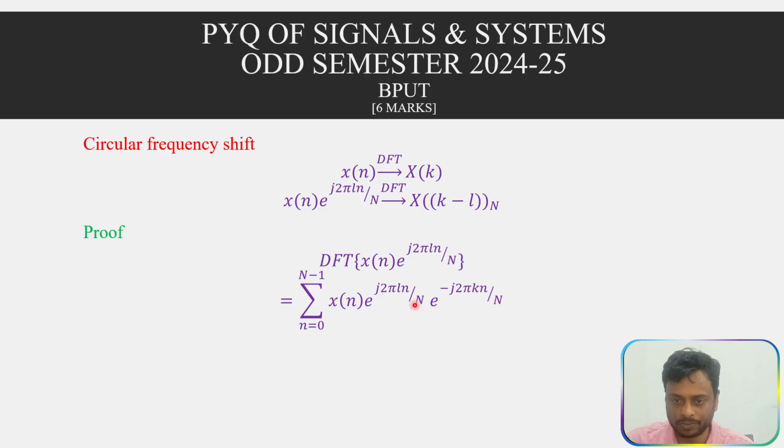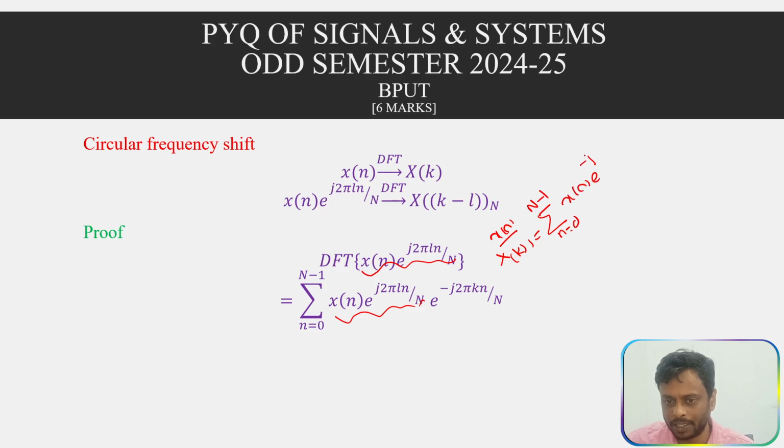Just put the formula in place of x of n. This is the DFT formula. In place of x of n, we are having x of n into this much, so it is written over here. What is the DFT formula? The DFT formula is: for x of n, the DFT is x of k, which is the summation from n equal to 0 to n minus 1 of x of n e to the power of minus j 2 pi kn divided by n.